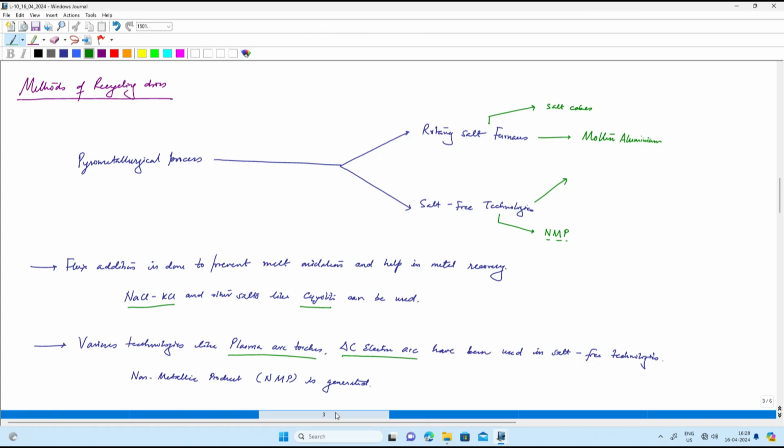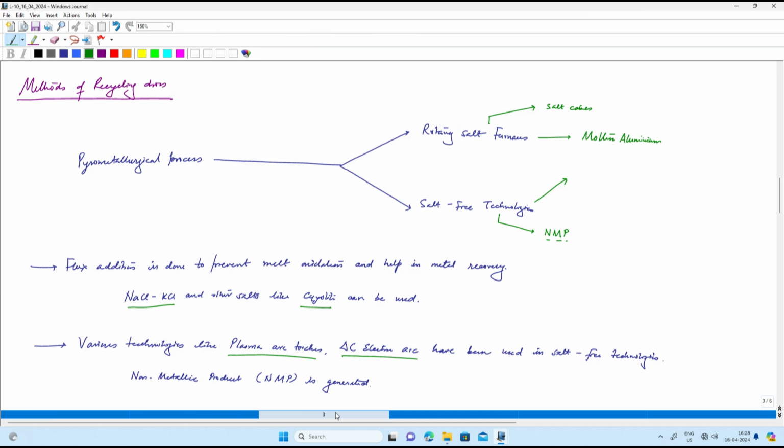So a significant change that has been observed in modern recycling strategies is the use of salt-free technologies, which can employ extremely high temperature arcs, plasma arc torches and DC electric arc furnaces for the recovery of aluminium.